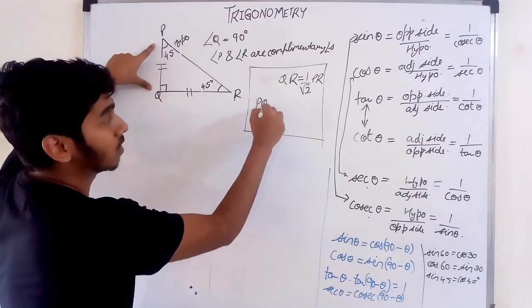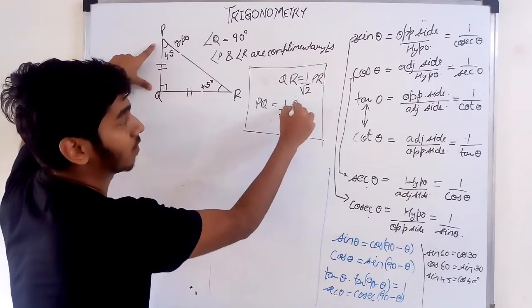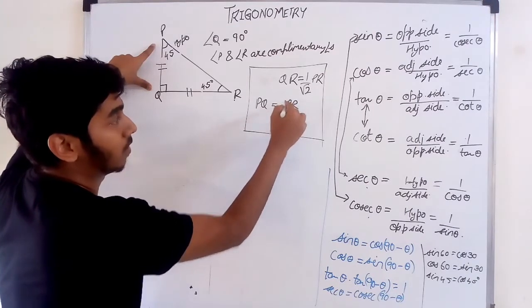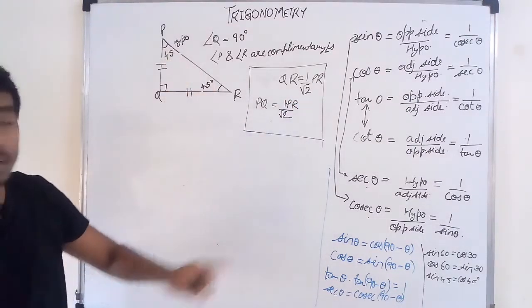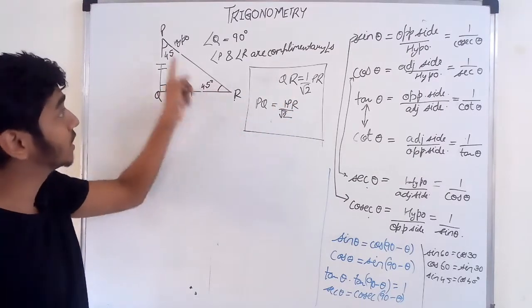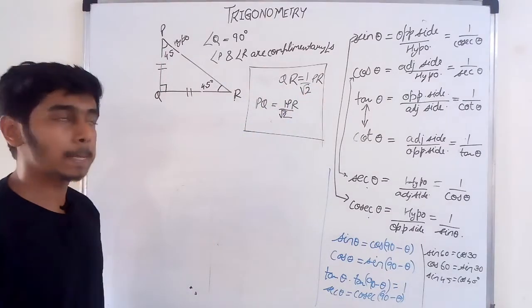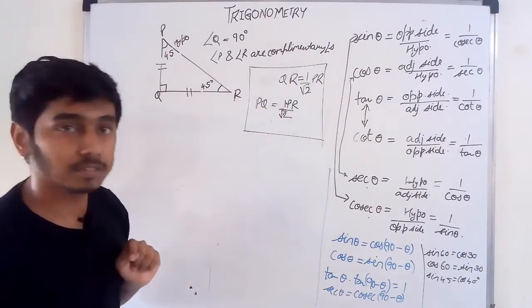So PQ is also equal to 1 by root 2 of the hypotenuse, which is PR. And QR, which is again opposite of 45 degree, is also 1 by root 2 of PR. Okay, so I hope you have understood this.